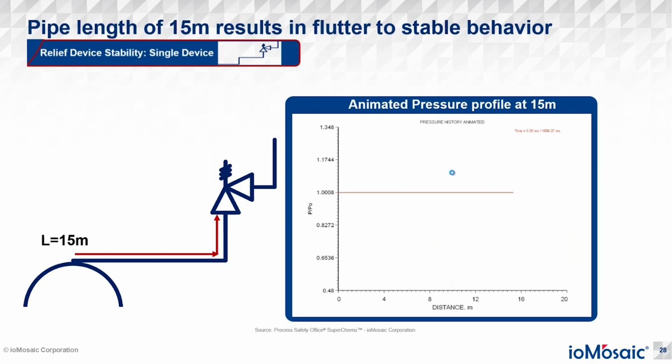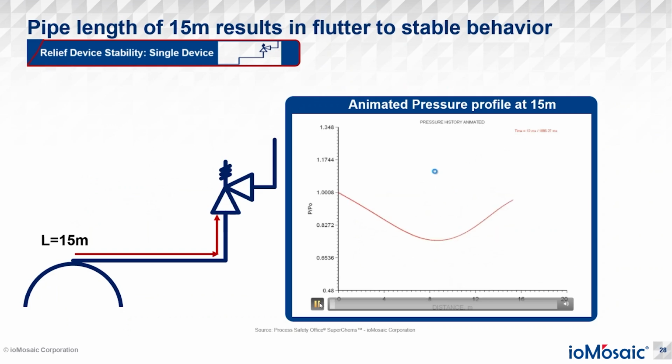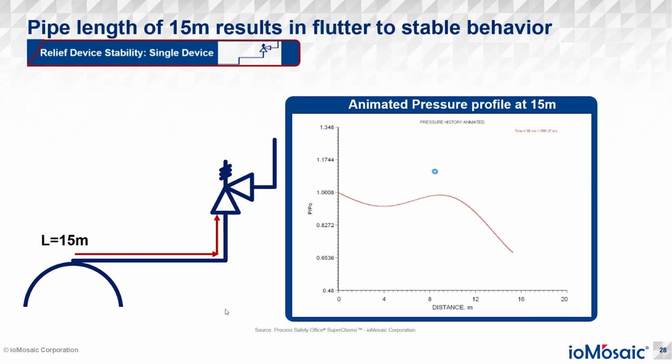If we go further in terms of length, it's a bit of a different story. If I play the animation, we can see that as the PSV is opening, it's generating pressure waves. At the moment, it's probably going to be fluttering, because it's generating those pressure waves and fluttering with the disc motion. We can see the tip of the PSV here.